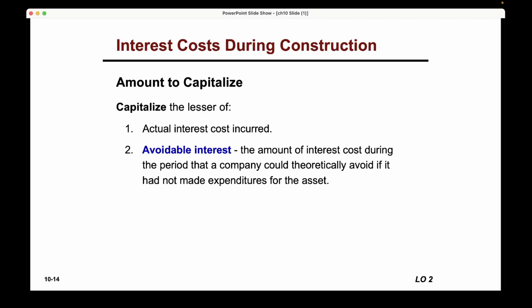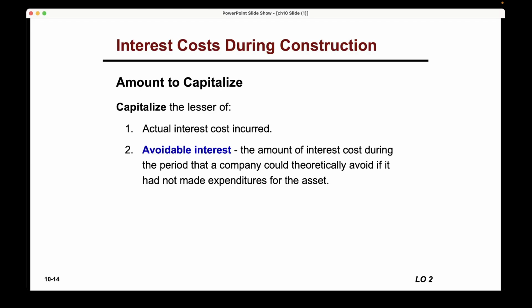Instead, there are specific guidelines to follow. Companies are required to capitalize the lesser of these two amounts: actual interest cost incurred and avoidable interest. So the company needs to compare between these amounts and pick whichever is lower.